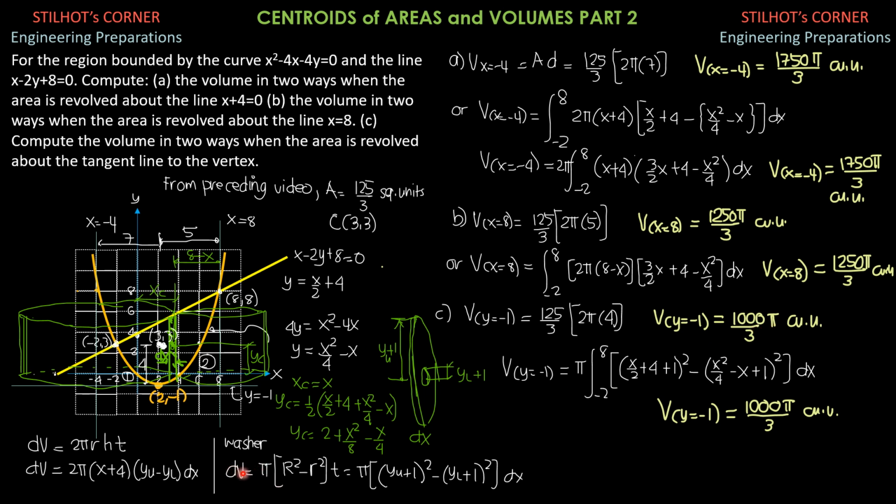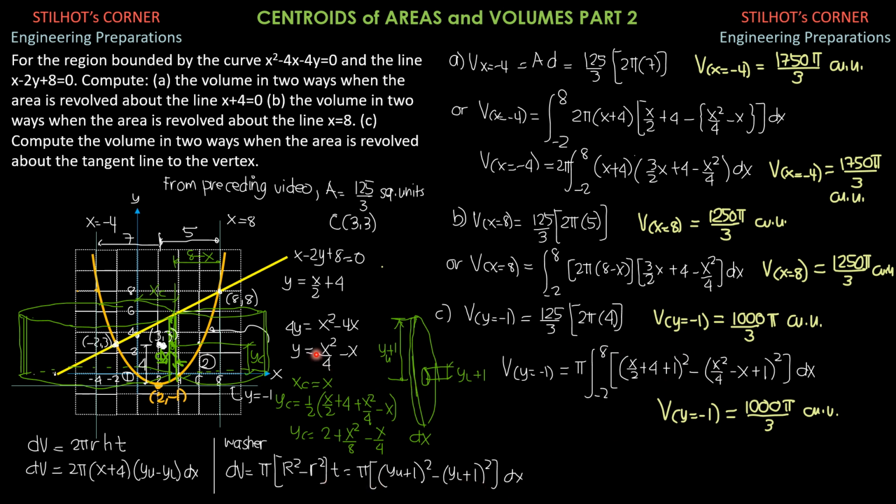While using integration, volume is the integral of this expression. Pi times upper y plus 1 squared, which reduces to x over 2 plus 5, quantity squared, minus lower y plus 1 squared, the small radius squared.